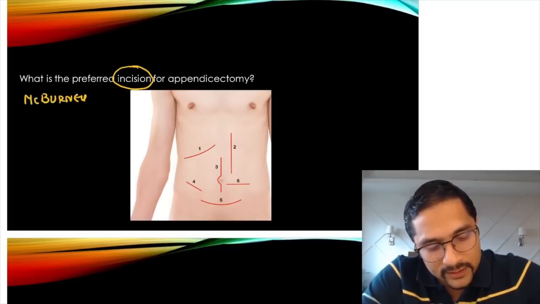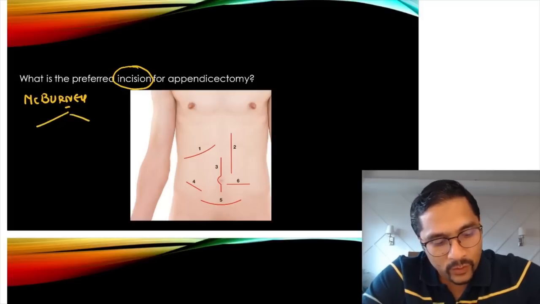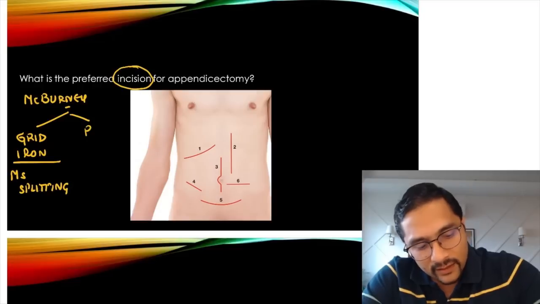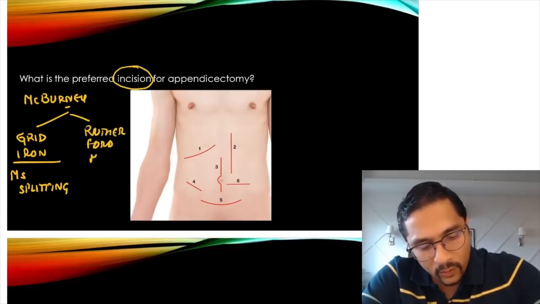And the McBurney's incisions are of 2 types. You can either have gridiron, which is a muscle splitting incision, whereas Rutherford Morris is a muscle cutting incision. Okay.